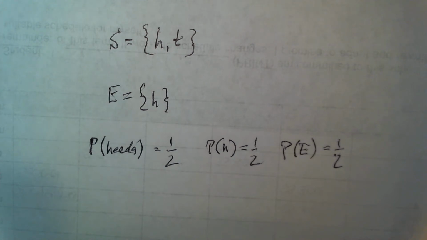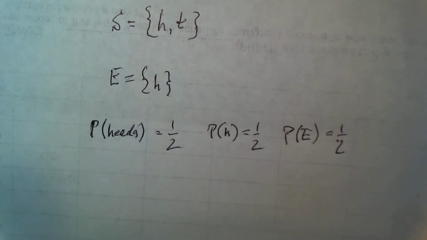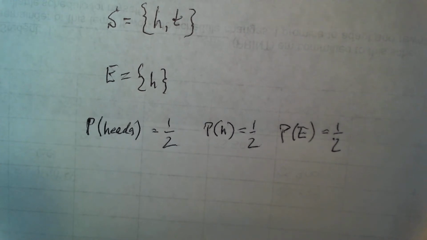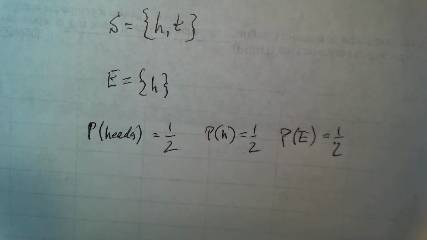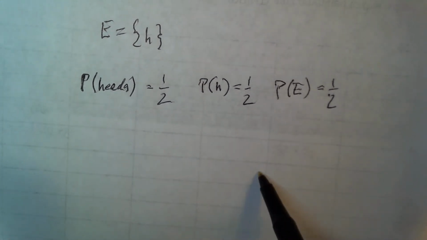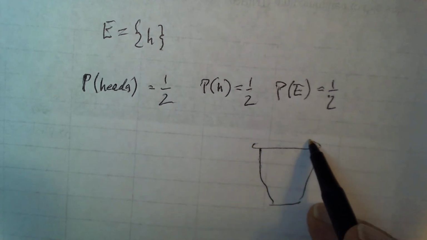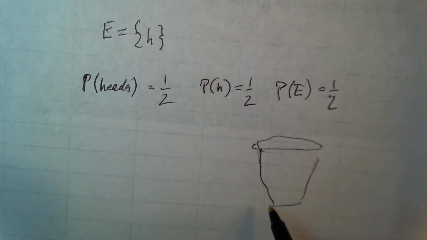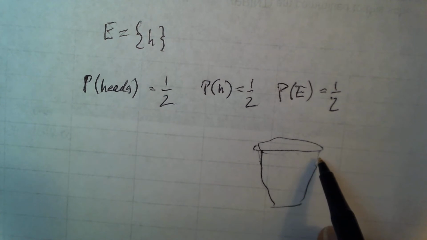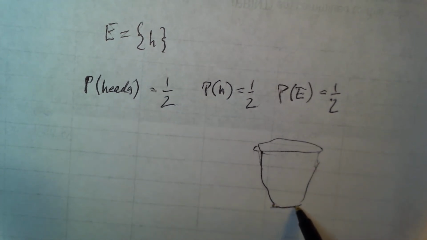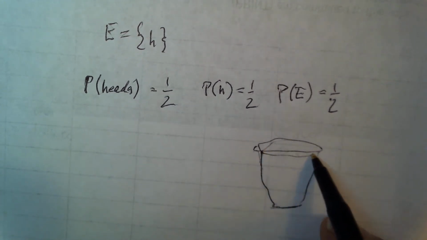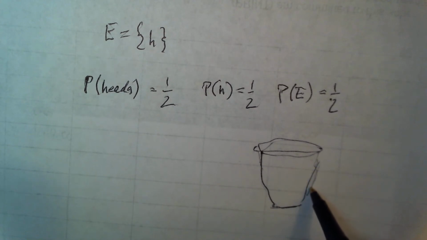Then let's think about a different kind of probability, and that's when we toss a cup. Imagine you have a styrofoam cup or something like that, shaped like this maybe, and we toss it. The cup can land in one of three ways. It can land on its base, it can land on its top, or it can land on its side.